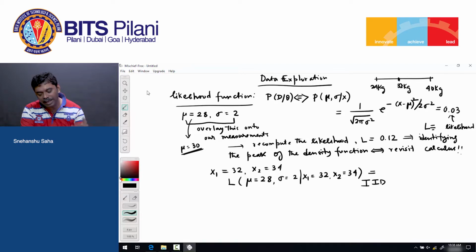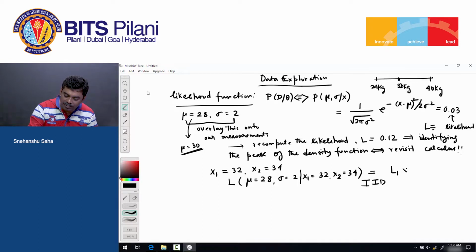They are independent of each other, so there is no dependency between the observations. If that's the case, I can compute the likelihood of each instance individually and just take the product of the two. This is an assumption that I'm going to make.